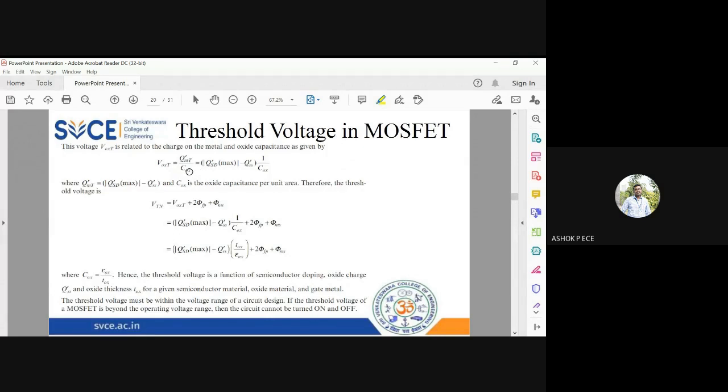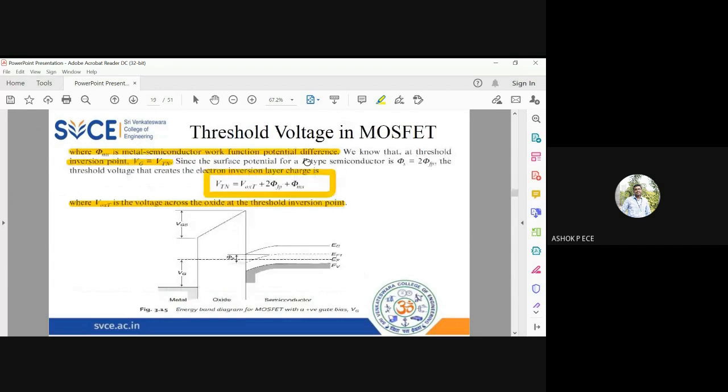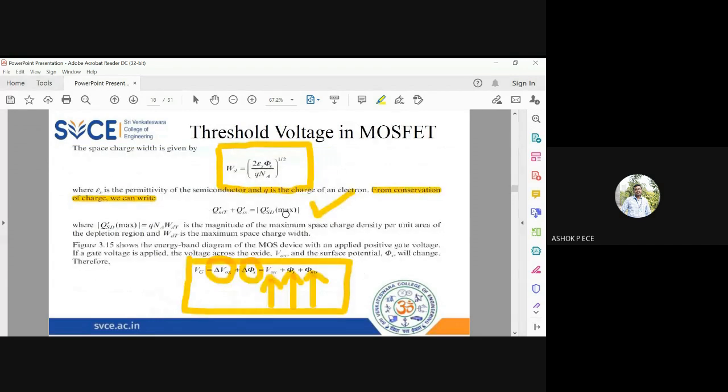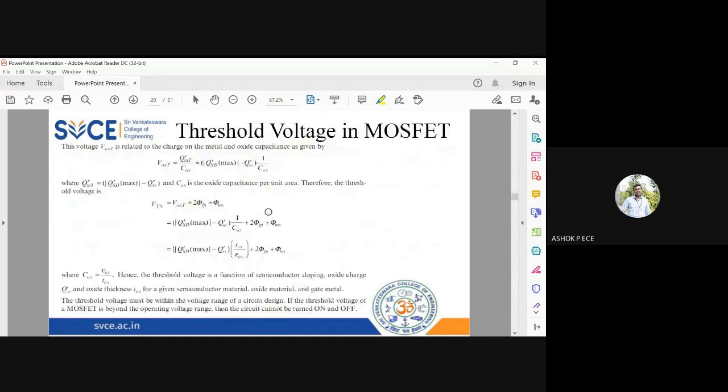Okay, C ox is the capacitance of the oxide layer, and Q dash MT we have known from this equation, like I write Q dash SD maximum minus Q dash SS. I am substituting here Q dash SD maximum minus Q dash SS by C ox, and C ox is the capacitance per unit area.